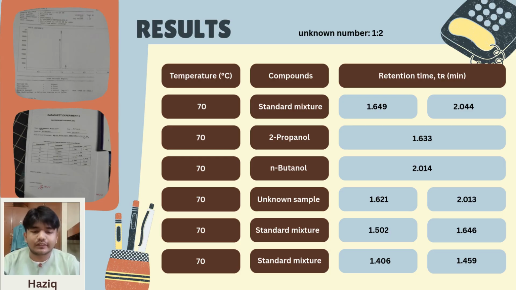So first, the standard mixture retention times are 1.649 and 2.044. For 2-propanol it is 1.633, and the N-butanol is 2.014, and the unknown sample is 1.621 and 2.013.